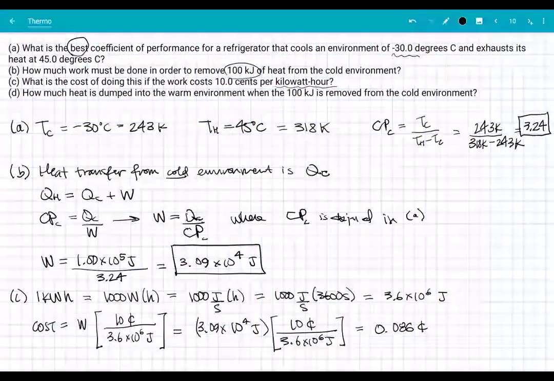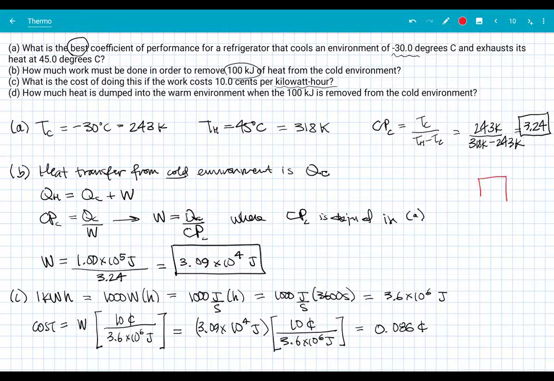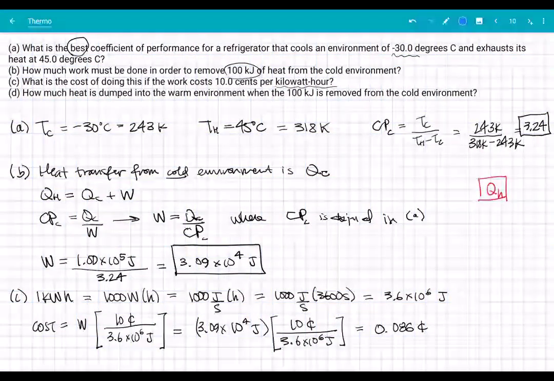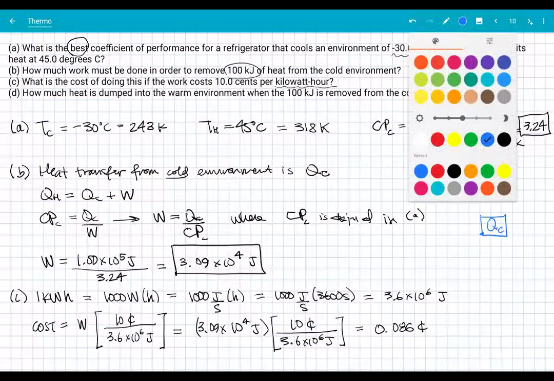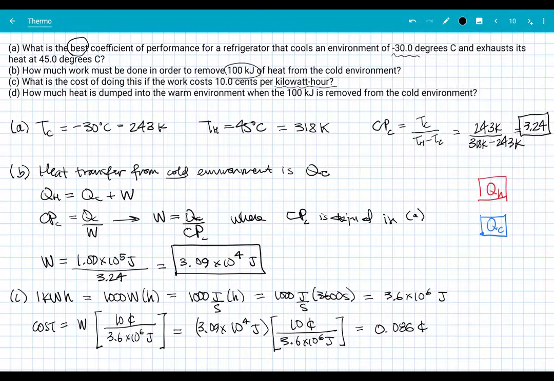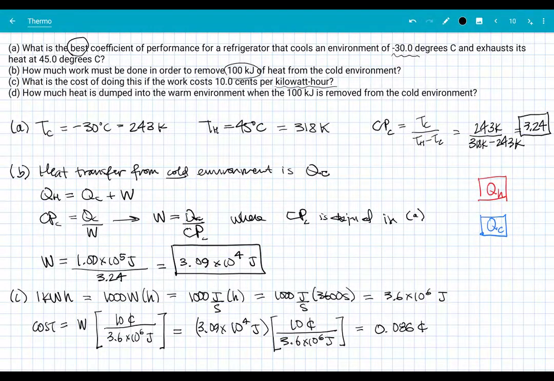Let me draw this out again in color. Here's the hot reservoir, which is the exterior of the refrigerator, say the kitchen, and the cold reservoir, which is the cold compartment. In the case of a refrigerator or freezer, we're having heat transfer opposite the spontaneous direction, from cold to hot.